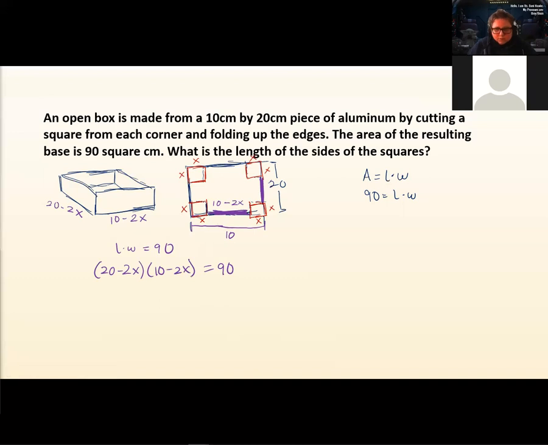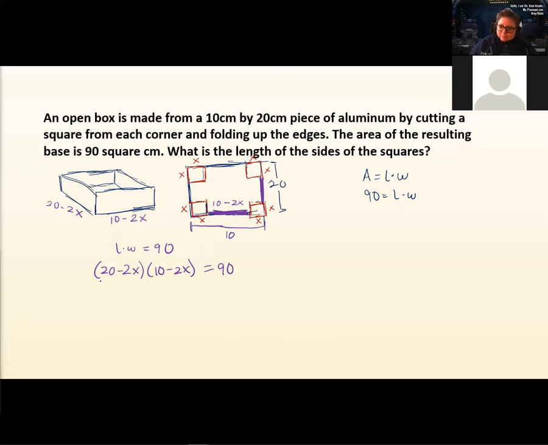From here, if we want to solve this, we're going to have to combine everything first. Because what we really need to know in order to figure out the lengths is what x is. So let's FOIL.